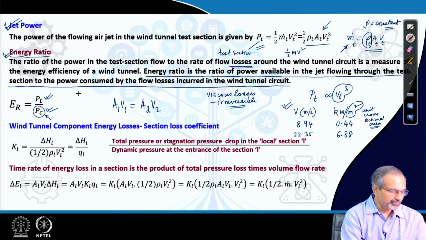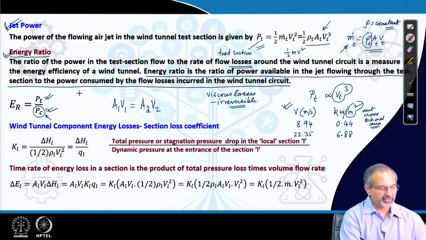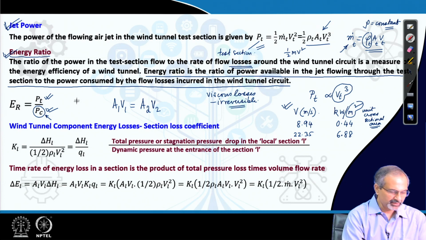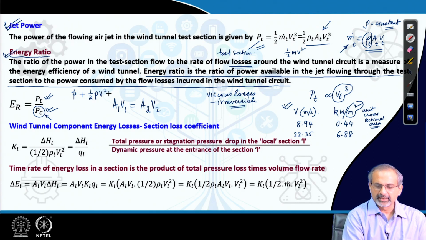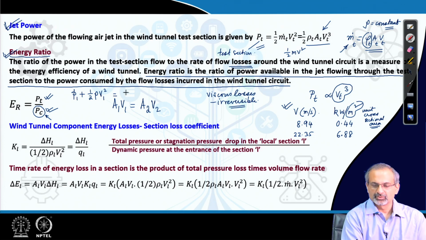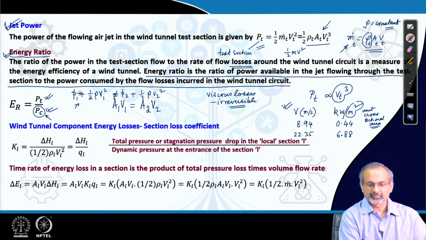Now, let us say if you were to apply the Bernoulli's principle, which we learned earlier. If we were summing up the static pressure and the dynamic pressure and we were applying it across two different points, so if this is an upstream point and you select another downstream point, they will never equate because there are losses involved.